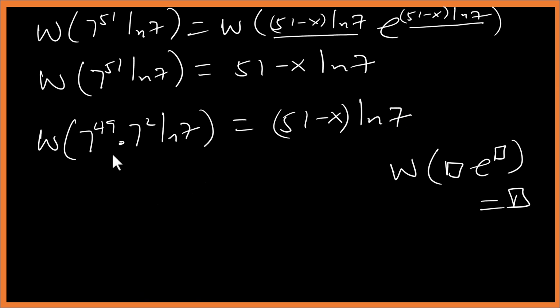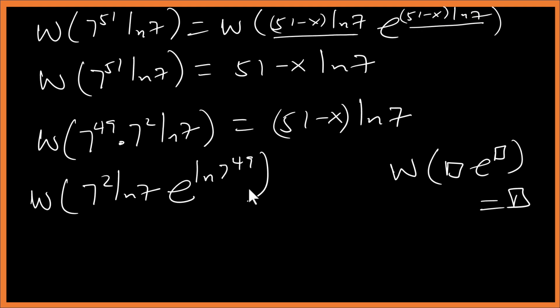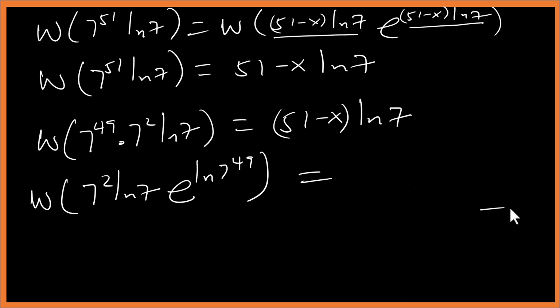Now let's support this. So I have the W function of 7 squared ln of 7, and I'll take e raised to ln of 7 raised to 49 equals 51 minus x ln of 7.